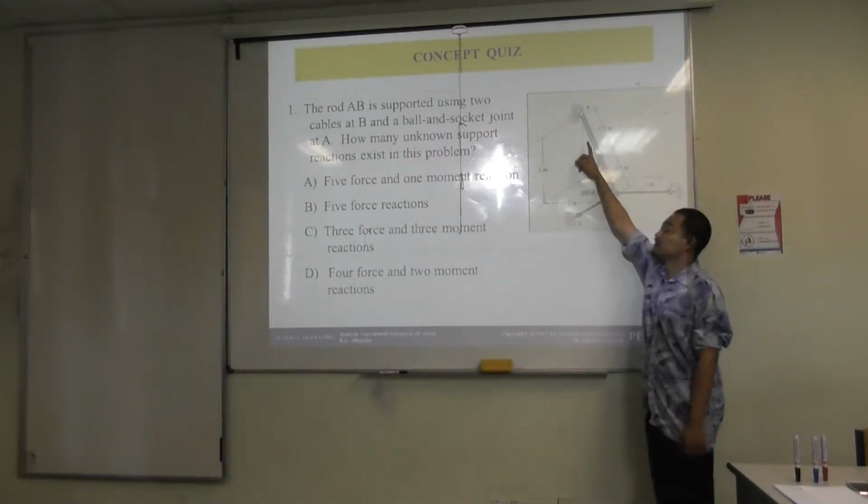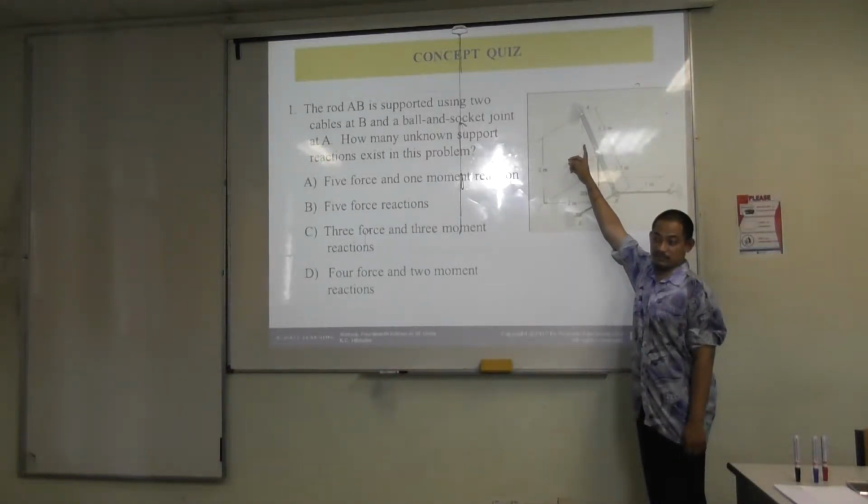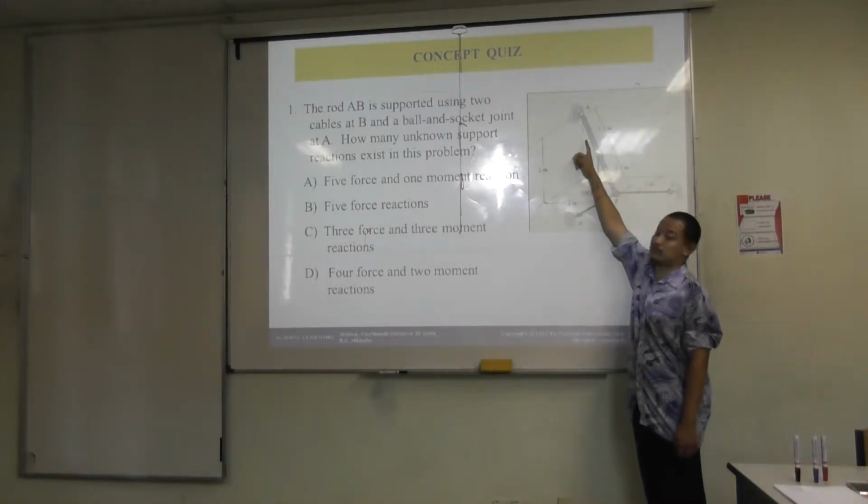How many are here? What are the unknowns?